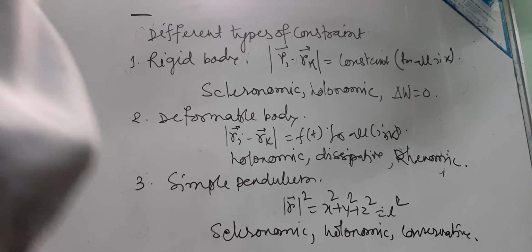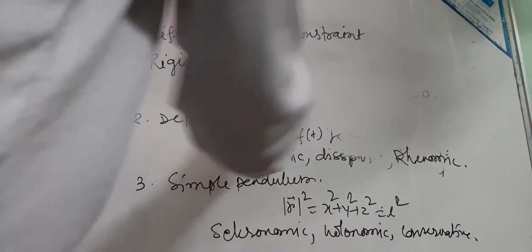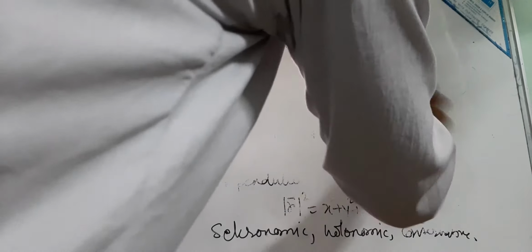Similarly, if you talk about gas molecules in a container, let us take a circular container whose radius is r, and all the gas molecules are present inside of it.